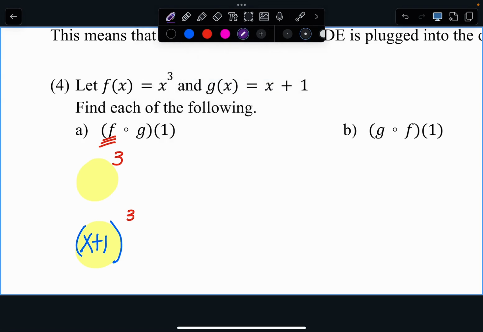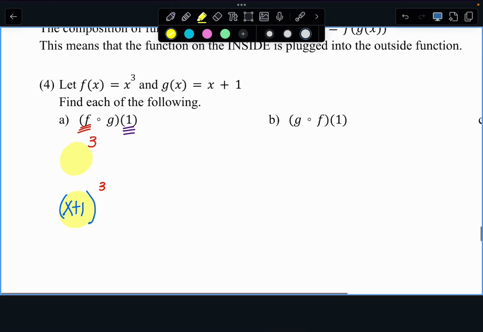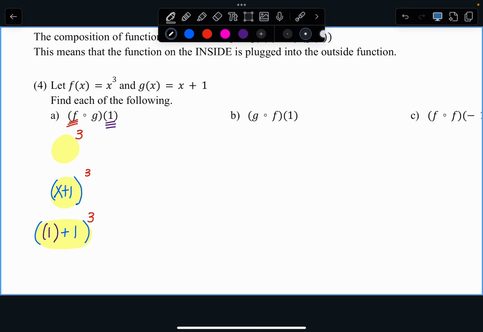And then I chose to plug in 1. Which means I've got that stuff plus 1 to the third power. And instead of x, we are plugging in 1. So when we simplify, 1 plus 1 is 2. 2 to the third is 8.